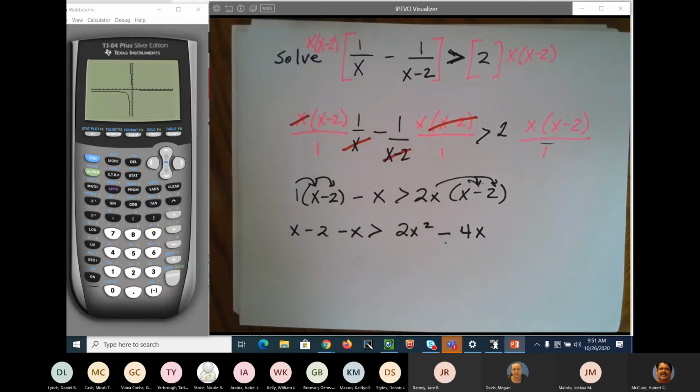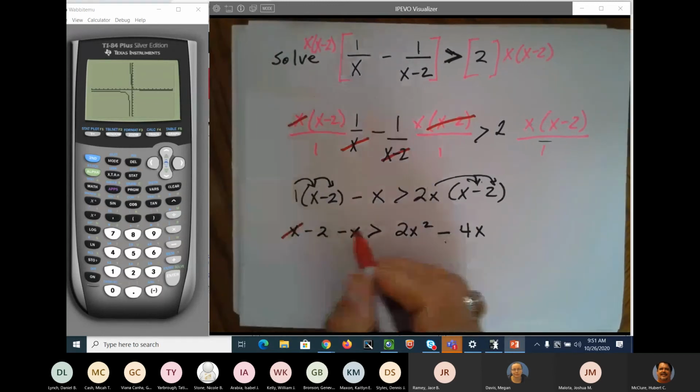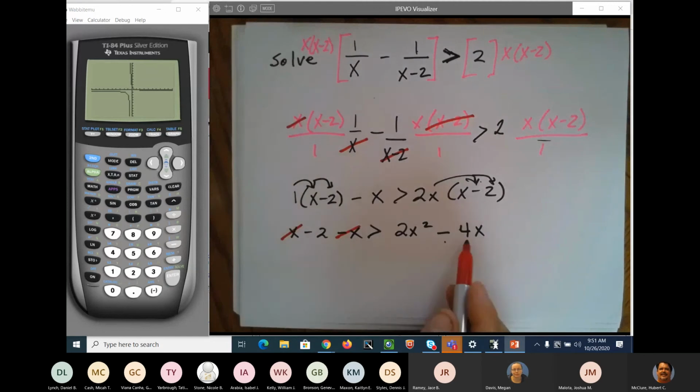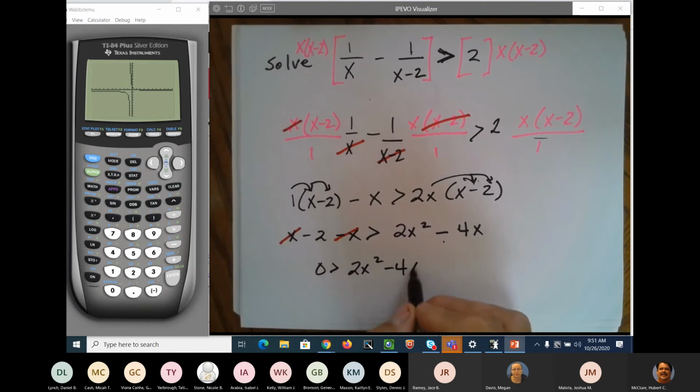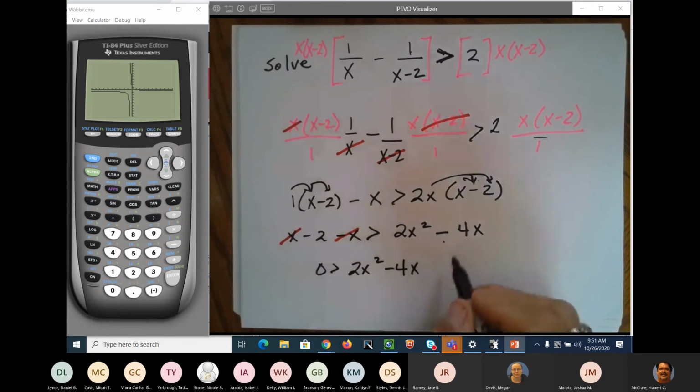Now I'm going to take the x's out. Those x's cancel. I'm going to bring that 2 over here. And that's going to be 0 is greater than 2x squared minus 4x plus 2.